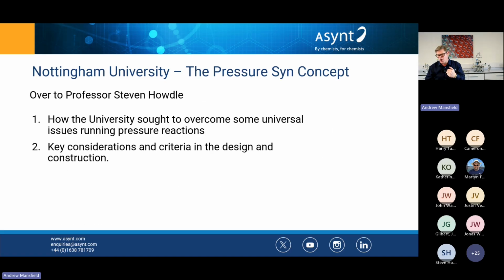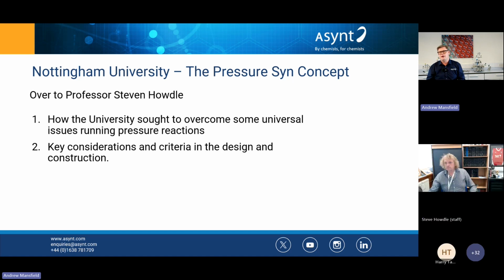I wanted to hand over to Professor Stephen Howdle. We've worked with Stephen over many years, and Asynt in the University of Nottingham, with Steve's guidance, to create a range of pressurized reactors, specifically the PressureSyn that was developed at Nottingham that we now sell through Asynt, and it's available to you.